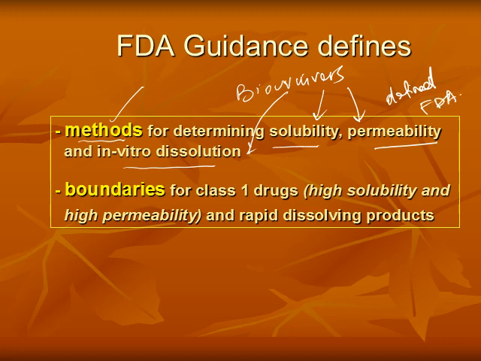So there is a boundary for class 1 drugs, which are high solubility, high permeability, and rapid dissolving products.